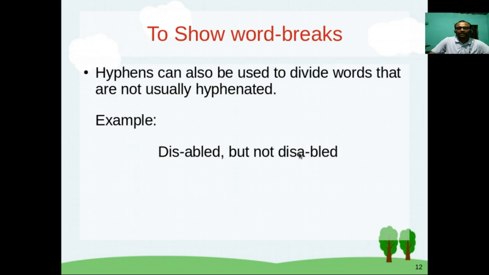These two parts are dis and abled, so we cannot break it in the wrong place. No, that is not acceptable, but we can break it like this. I mean, if we need to break this word at the end of a line, we can break it this way, but not like that.